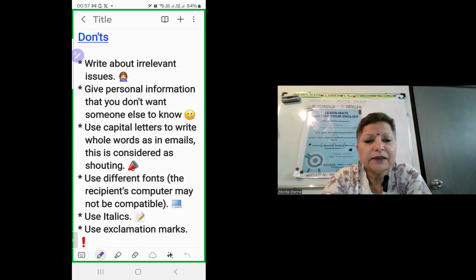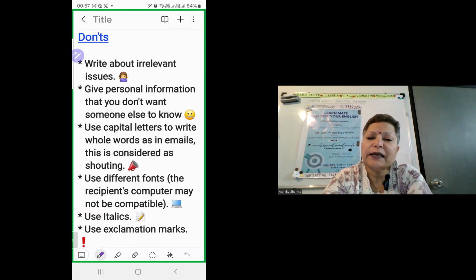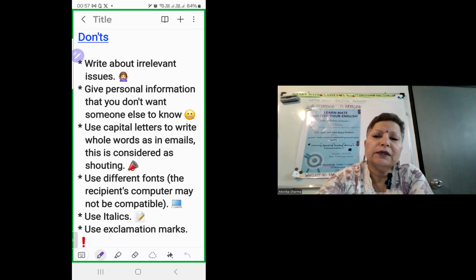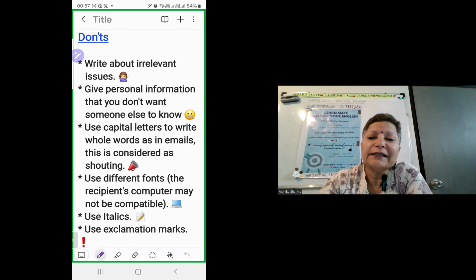And if that be the case, you are going to be in a fix because he is not going to be able to read your email. Coming then to the next one, do not use italics as far as possible. Avoid italics, right? Do not use exclamation marks as far as possible.